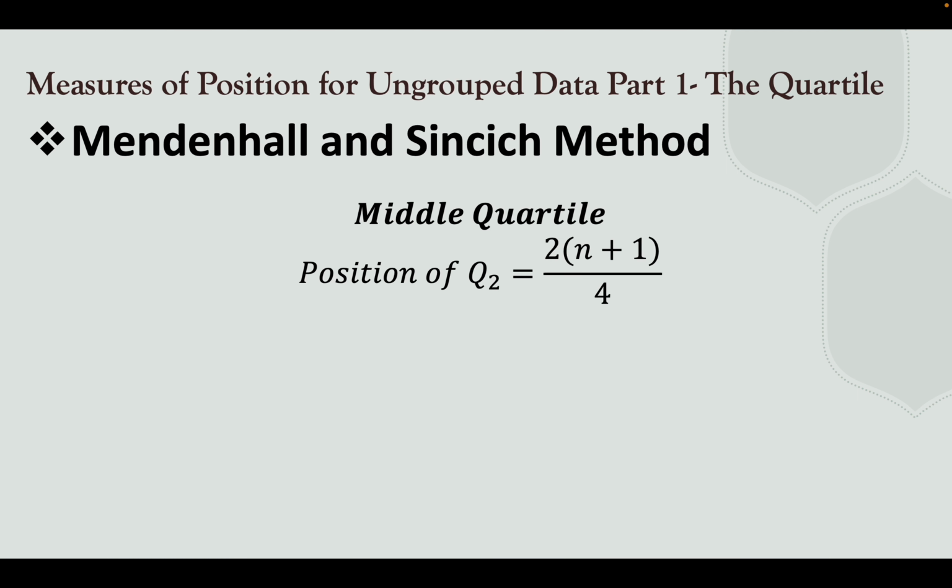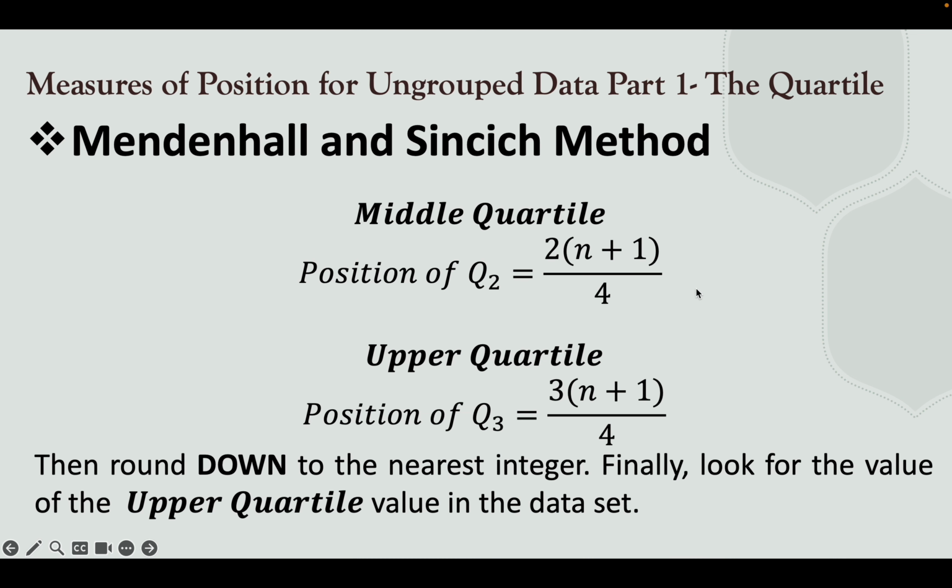Next, in the middle quartile, we will use the formula for the position of the middle quartile: 2 times n plus 1 over 4. The value will be exact, so we don't have to worry about rounding. While in the upper quartile, the position of the upper quartile, we will use the formula 3 times n plus 1 over 4, and then round down to the nearest integer.